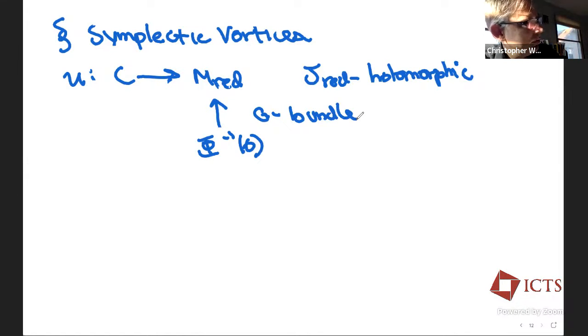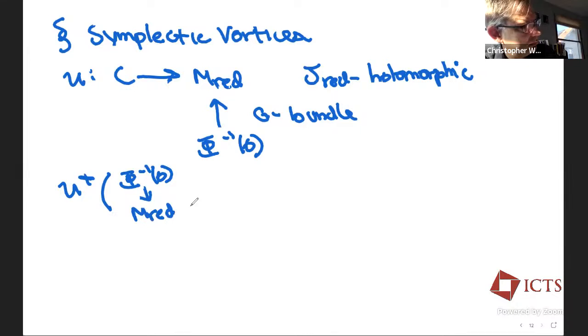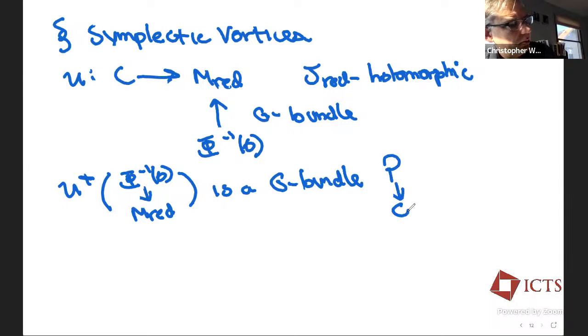And if I pull back this G bundle, then I get a bundle over C, and it has a connection.